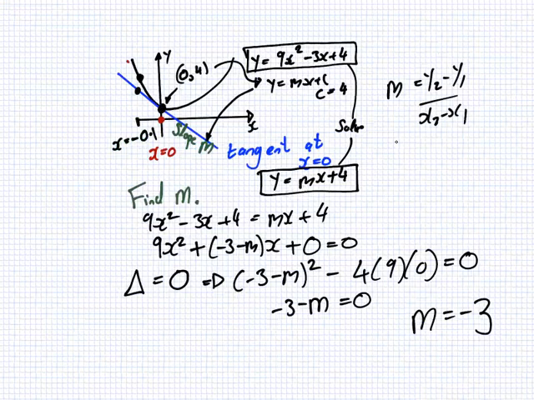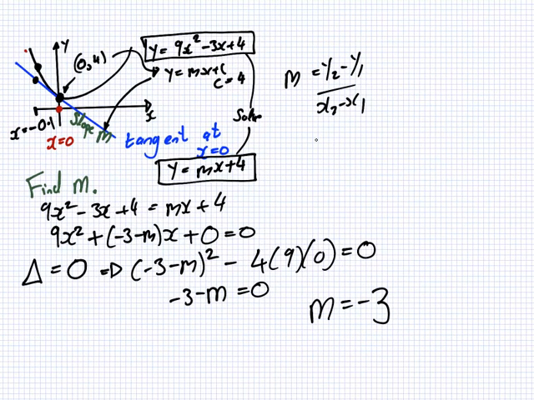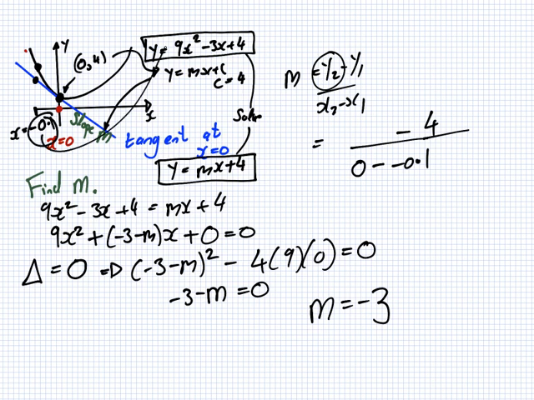So it's close. Let's test it out. x2 minus x1 and then y2 minus y1. Now we have to work out y2. So if you just take this number and put it into here.